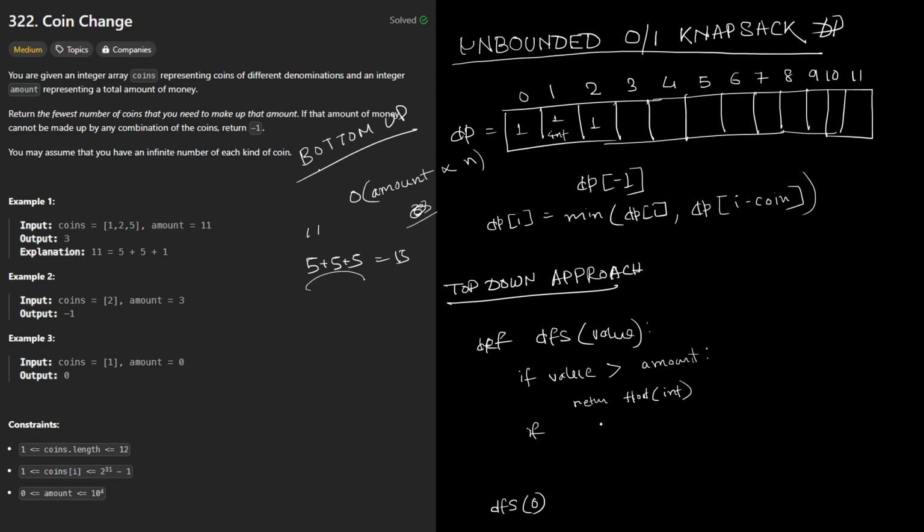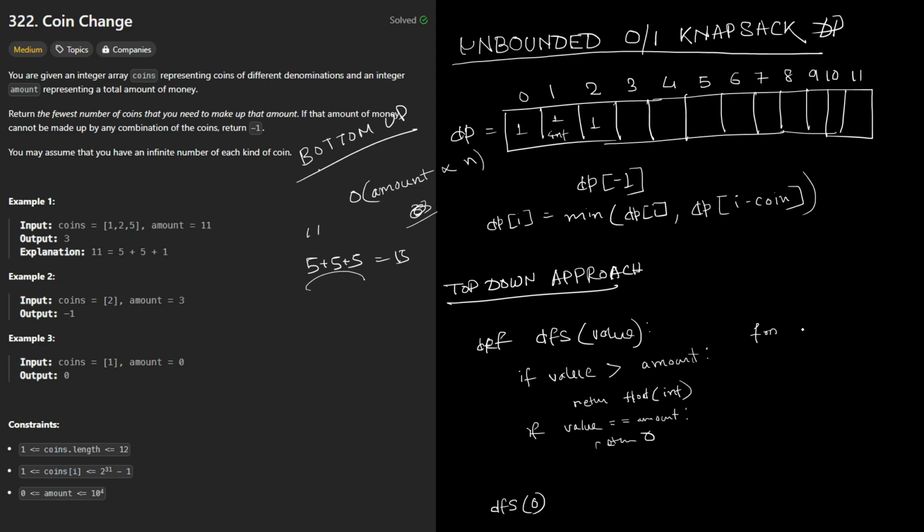Now if the value is equal to amount, then we have reached a solution. So I can return 0, and we have to use a DP to store our solution. Let's see if we don't use a DP. For that example, now I have to write a for loop.